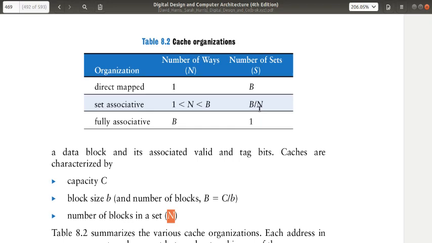But the thing is that as we keep increasing the number of words per block, the total number of sets will also reduce. So that is an issue. Again, conflicts will occur. So when it comes to designing, some balance has to be found.